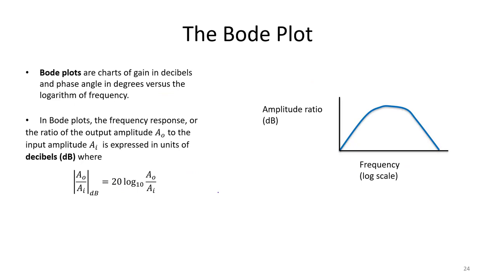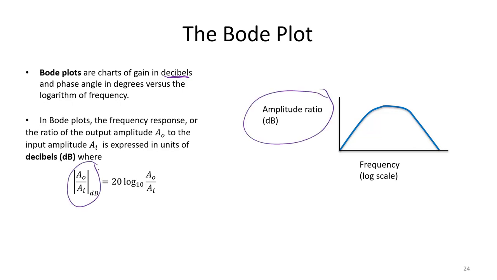One other important tool for filters is producing what's called a Bode plot. Bode plots are very important in designing filters for certain applications. Essentially, how you make a Bode plot is you plot the gain in decibels, and that's basically our amplitude ratio.